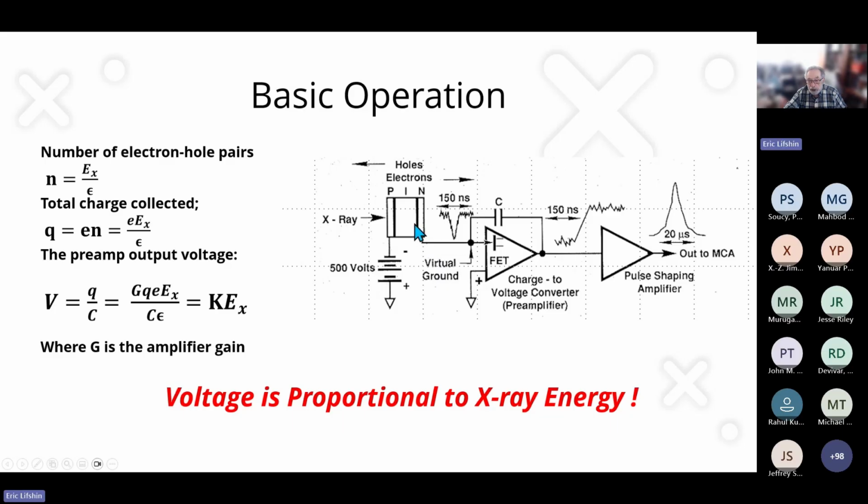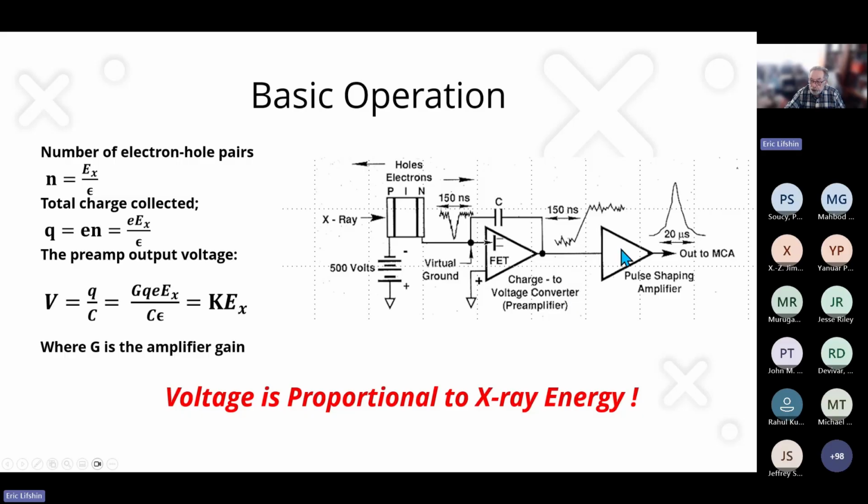So what's coming out of the device is a pulse of charge. It goes to the gate of an FET, winds up on this capacitor. So this is a charge to voltage converter. And so we have a step over here, and the height of that step is an indicator of how large the X-ray energy is for each pulse.